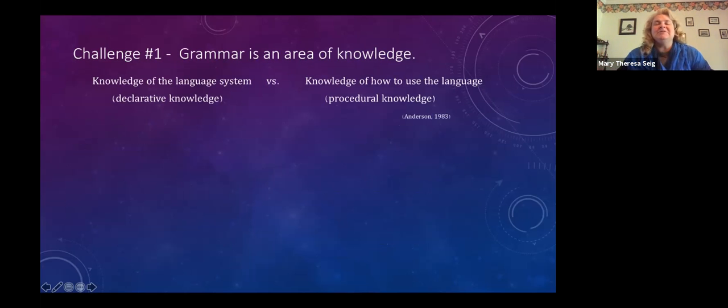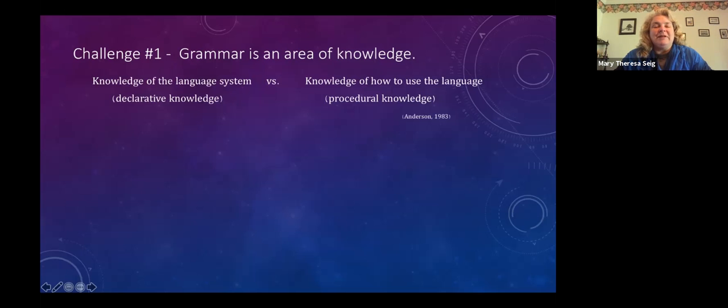And Anderson in 1983 called that declarative knowledge and procedural knowledge. And it's actually very common for native speakers of a language to have very good procedural knowledge and very unsatisfying declarative knowledge of their own language.